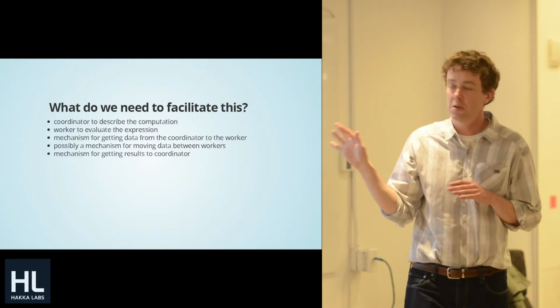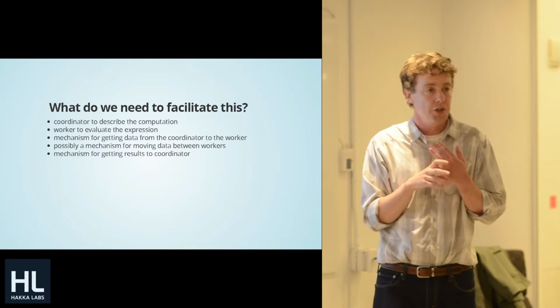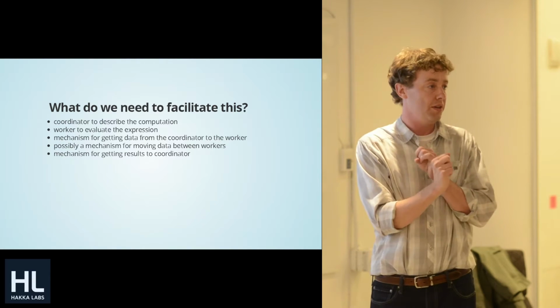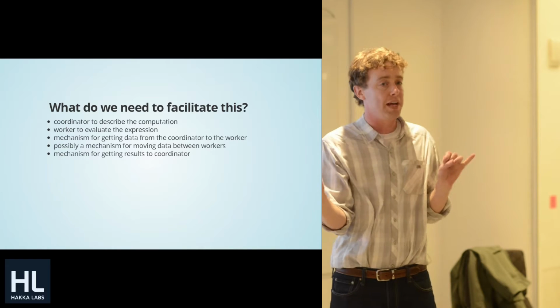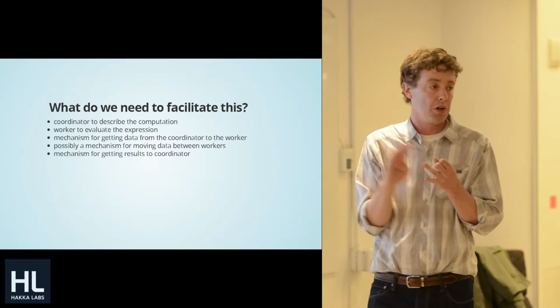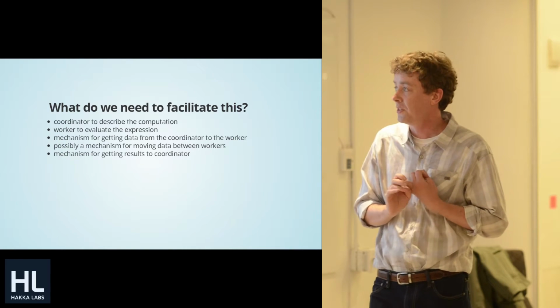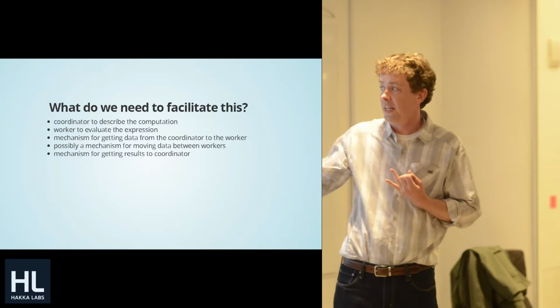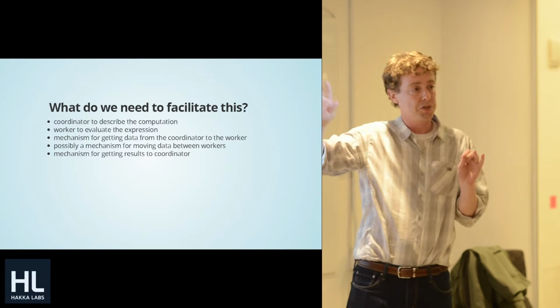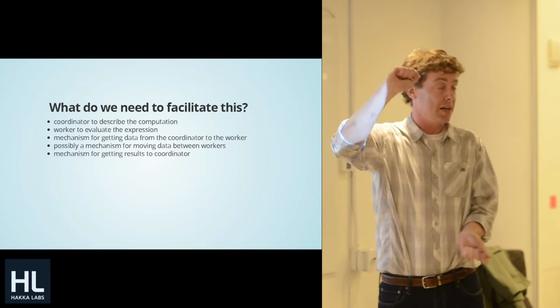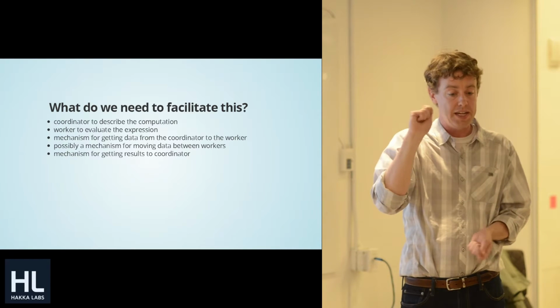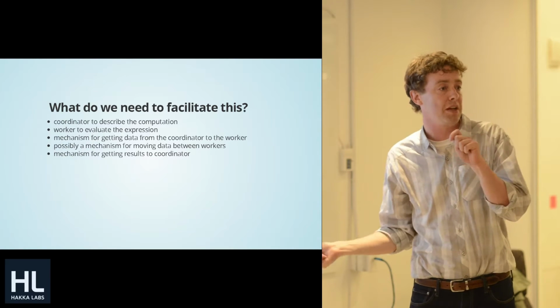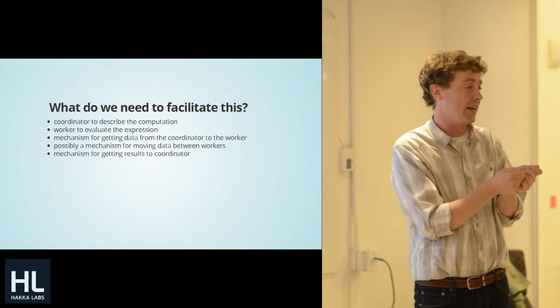So in terms of essential components, we have the coordinator that describes the computation that's supposed to happen out on the cluster. We have the workers that evaluate the expressions. You need some mechanism for getting the data from the coordinator to the workers. You need some other mechanism that gets data between workers, and then some other mechanism that gets a result back to the coordinator.